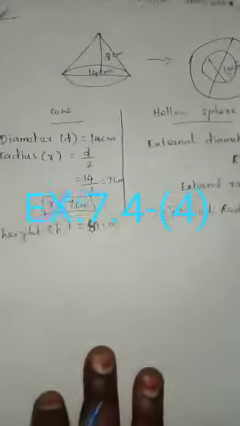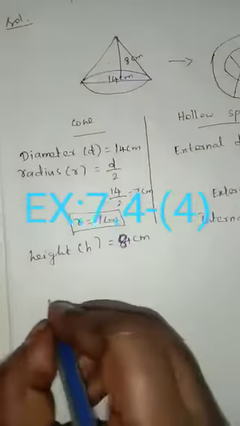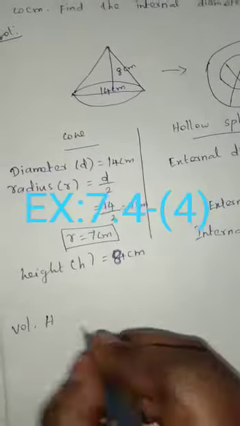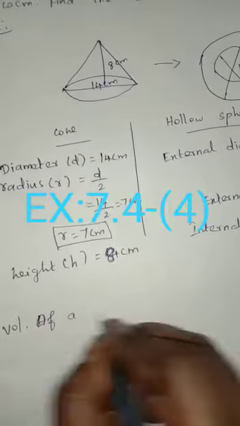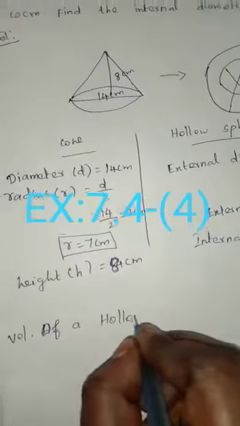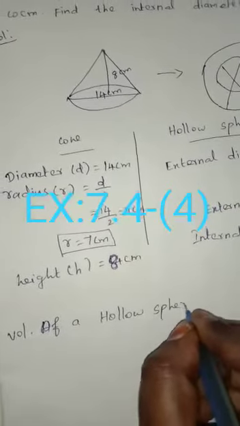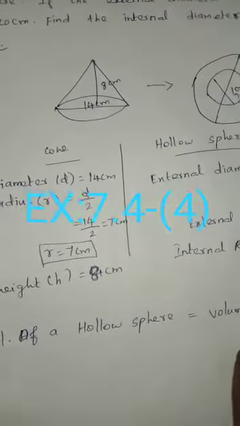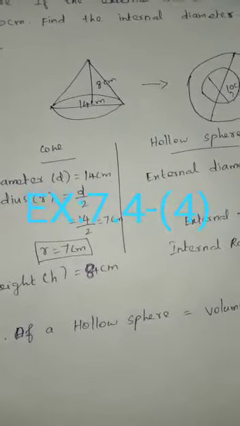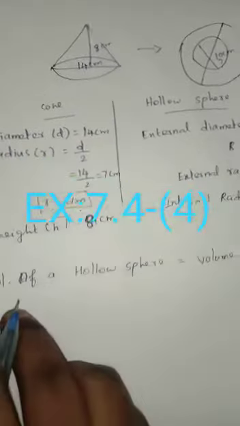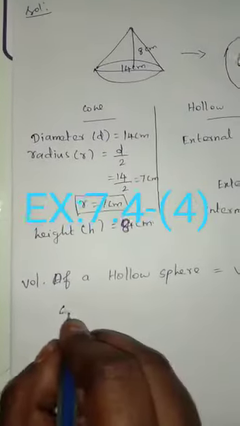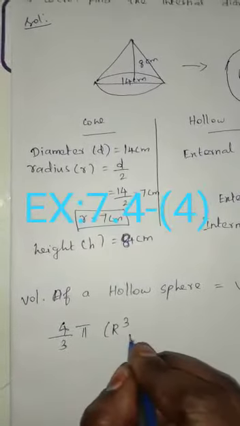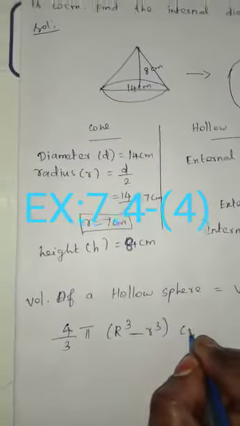Now substitute in the formula. Volume of a cone equal to volume of a hollow sphere. Volume of a hollow sphere equal to volume of a cone, both are equal. Already we know the hollow sphere formula: 4 by 3 pi (capital R cube minus small r cube) cubic units.